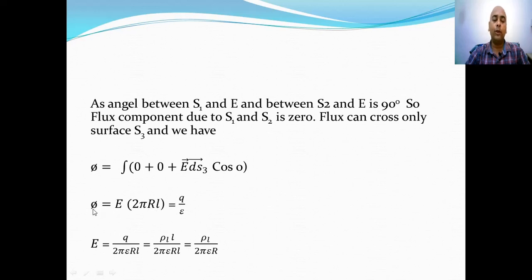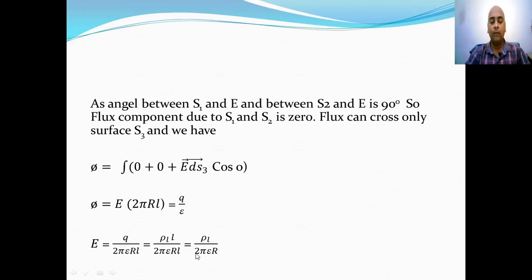So from Gauss theorem we can conclude that the total electric flux which is coming out of the surface S3 is Q by epsilon naught, where Q is the total charge on the line, and total charge on the line can be calculated by multiplying the length L of the conductor with rho L. So the electrical field can be evaluated by taking Q by 2 pi epsilon naught R into L. L will cancel out.